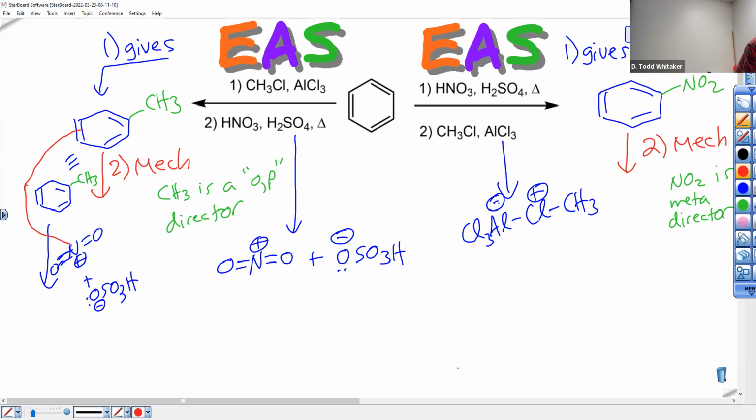Para mechanism on the top. And the ortho mechanism down here. And you'll see they both generate a cation that is very nice.